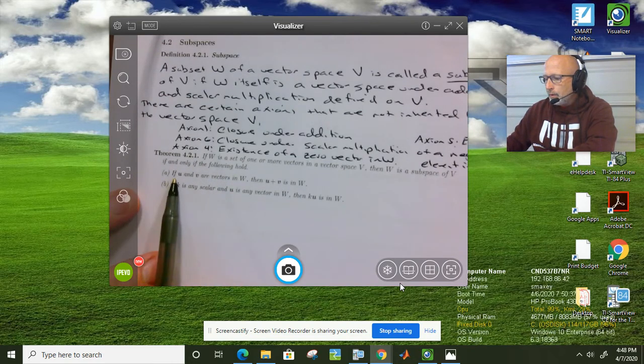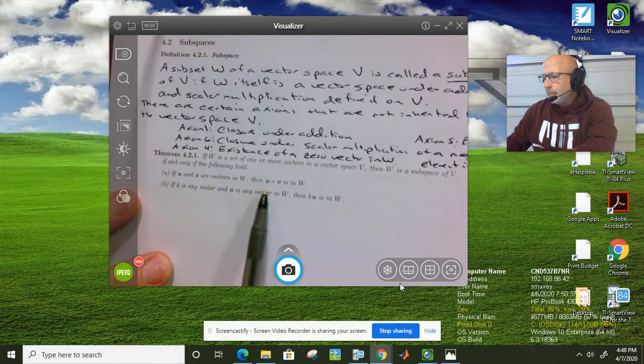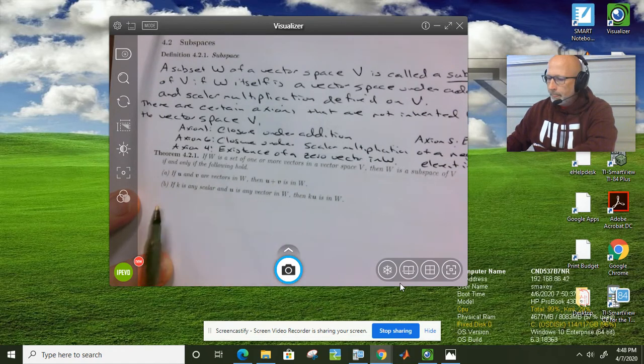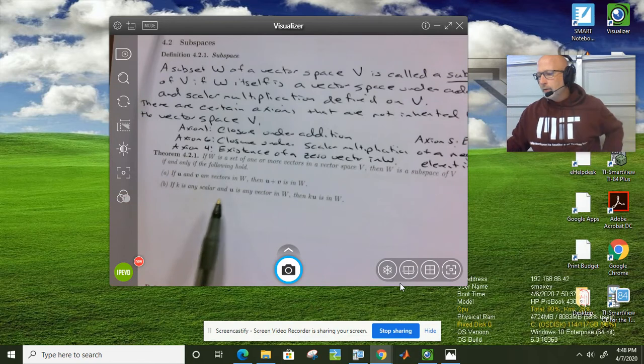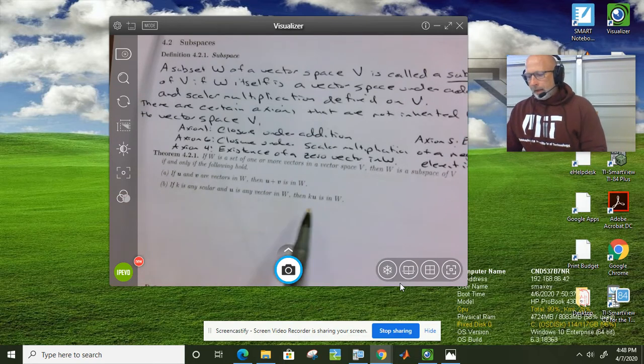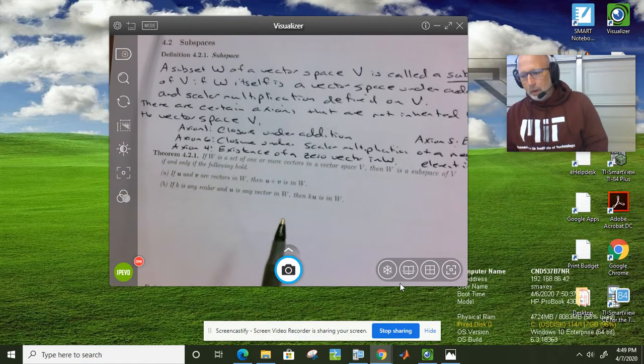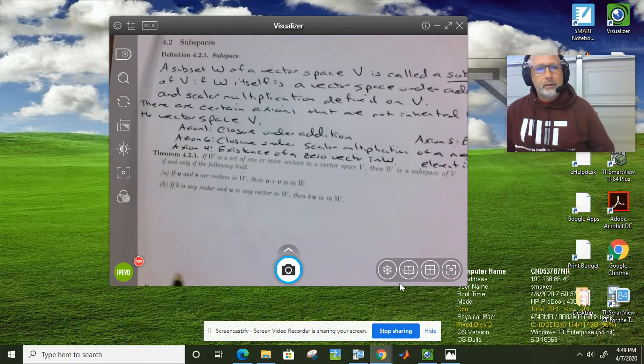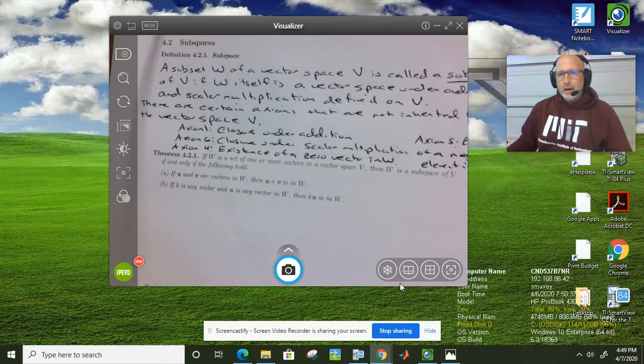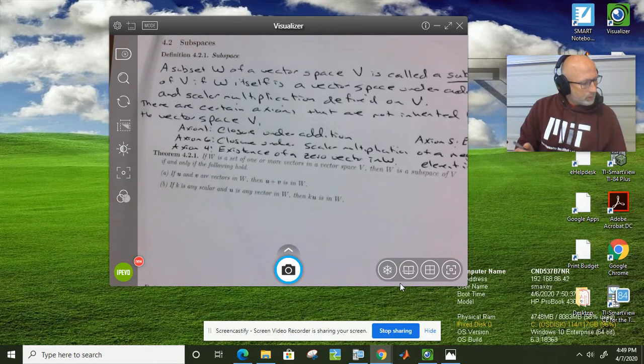A, if U and V are vectors in W, then U plus V is in W. B, if K is any scalar and U is any vector in W, then KU is in W. This is an if and only if statement. So technically speaking, to prove it, we have to go both directions. We are going to do both directions here.